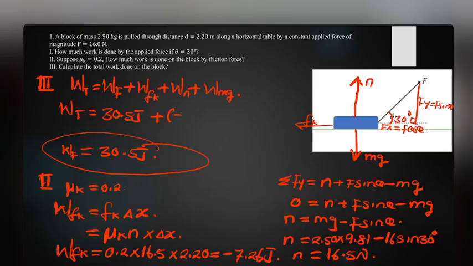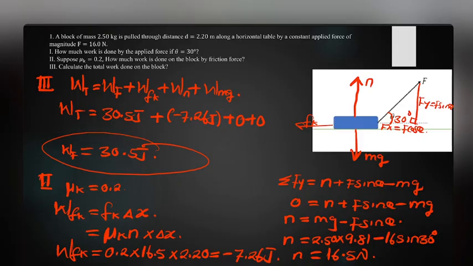So it's negative 7.26 joules. Then plus the work done by the normal force. Remember, along the y there is no work done, so the work done by the normal force is 0, and the work done by the gravitational force here is also 0, like I've written there.